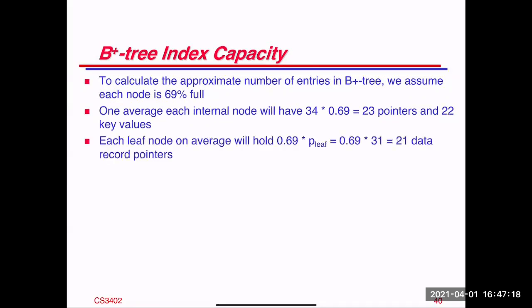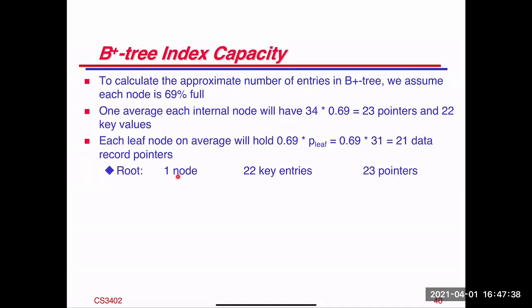And similarly for each leaf node, if we multiply this 0.69 with the value for P leaf that we just computed, we'll get that we have 21 data record pointers on average in each leaf node. All right, and now let's look at what we get.